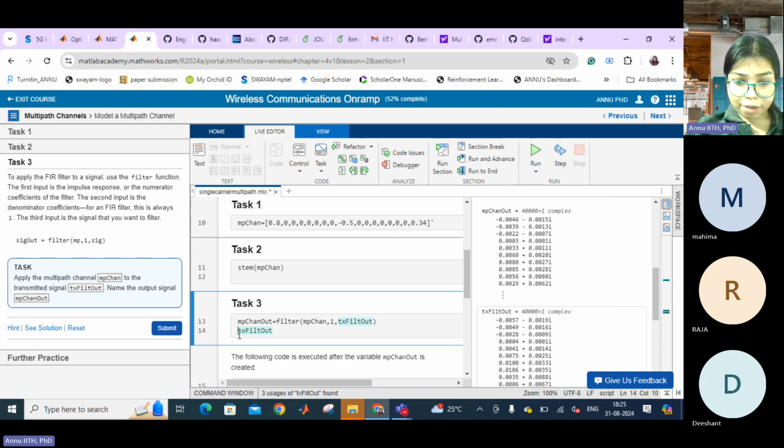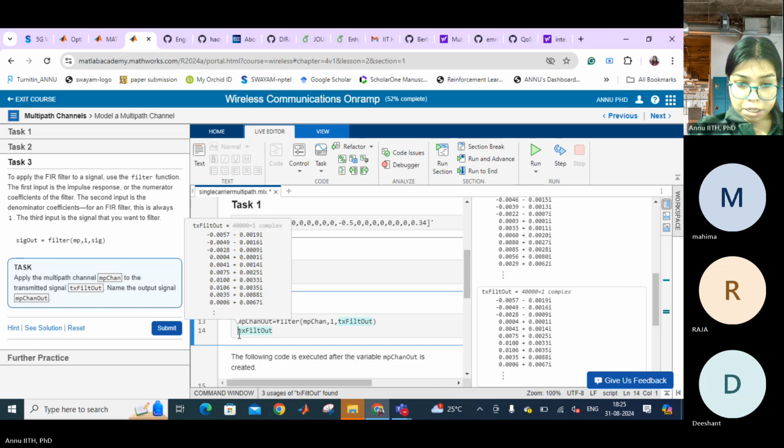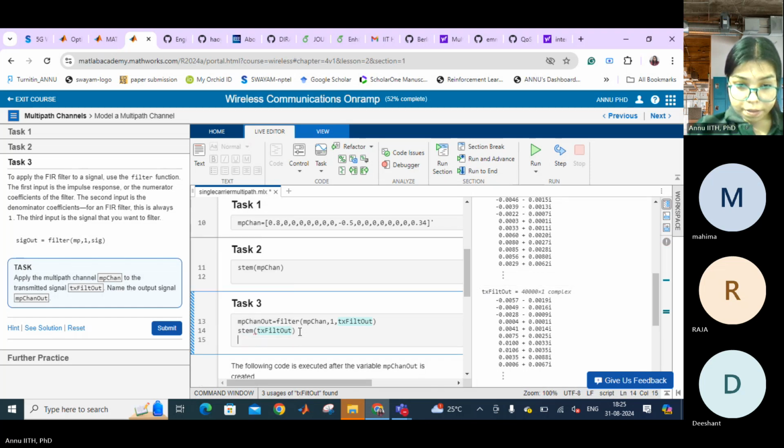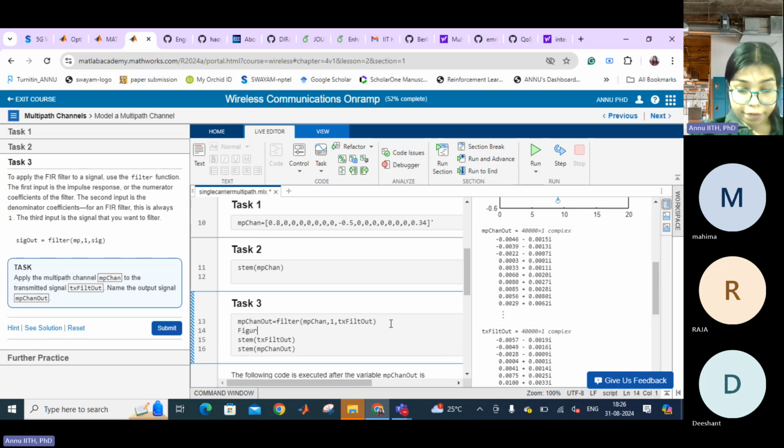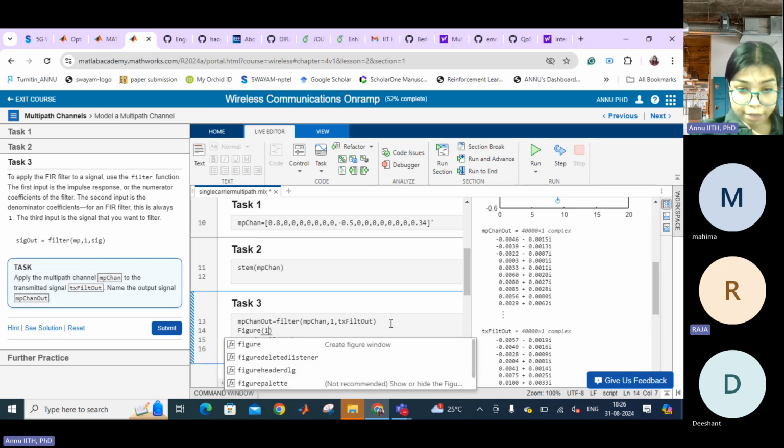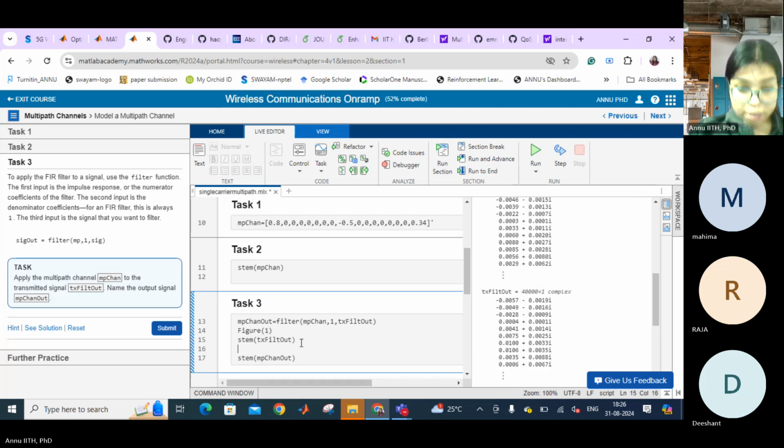Now I want to see it from the perspective of a plot. So stem, stem. Will this work? What do you think? Because we are plotting in the same figure, I think we have to open a figure, otherwise only the last figure will plot. Hold on. Transmit filter out. Yes.